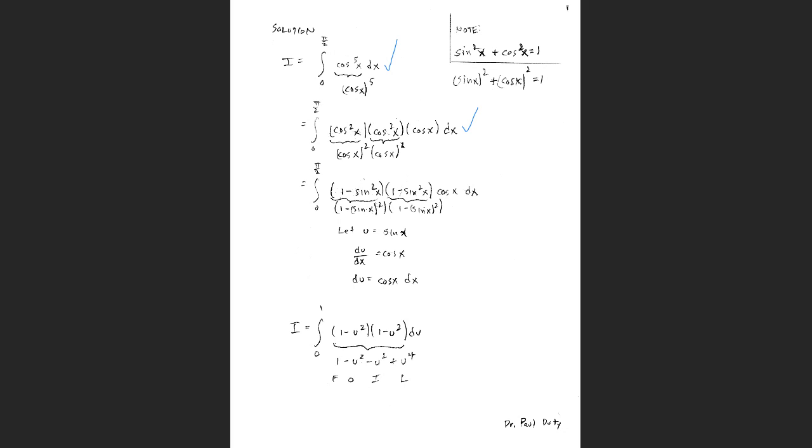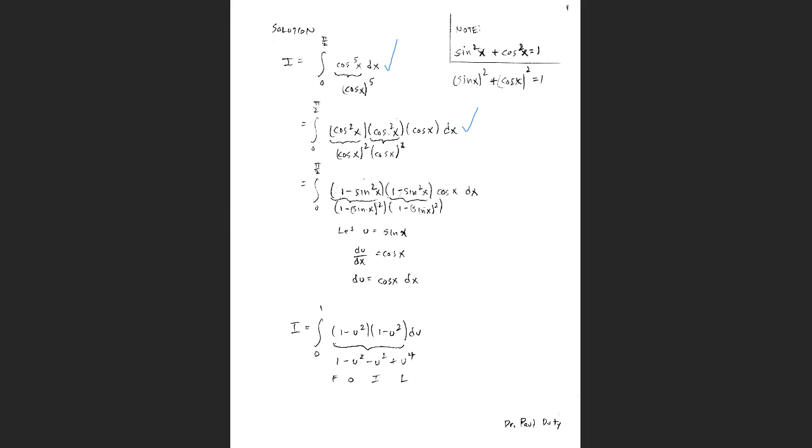Now, why would I want to do that? Well, I want to try to make a substitution. I want to see if I can make a helpful substitution so that I can find the antiderivative.